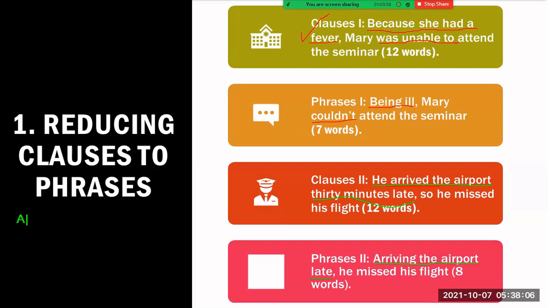Paraphrasing is a very key technique when it comes to summarizing.